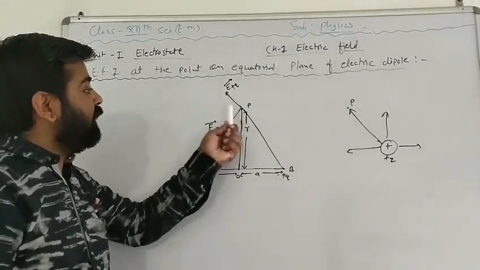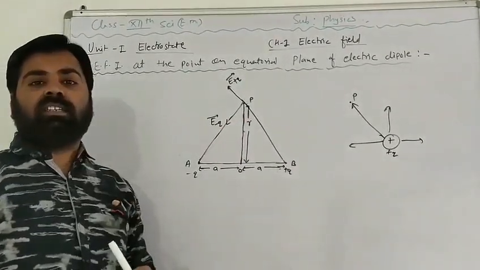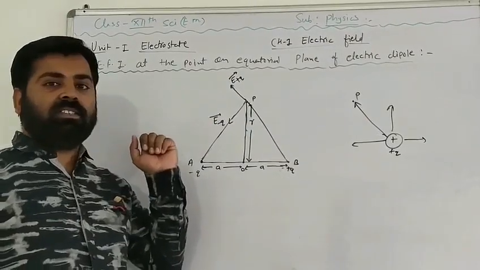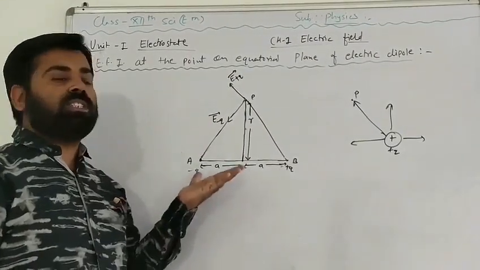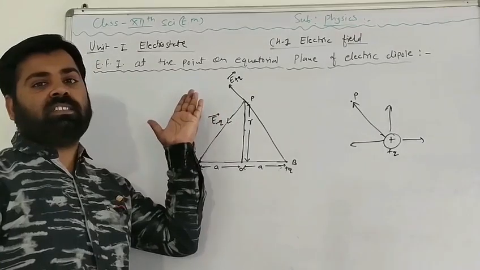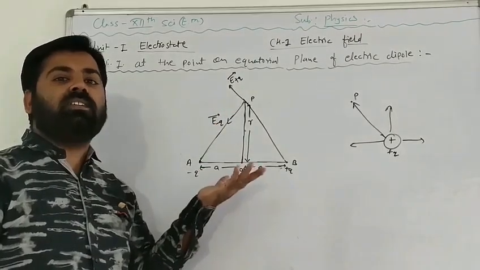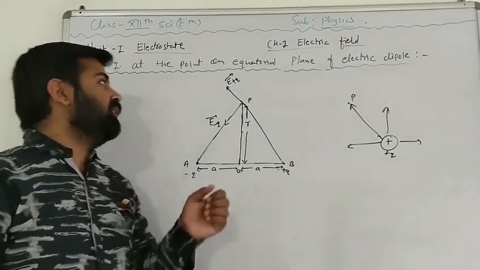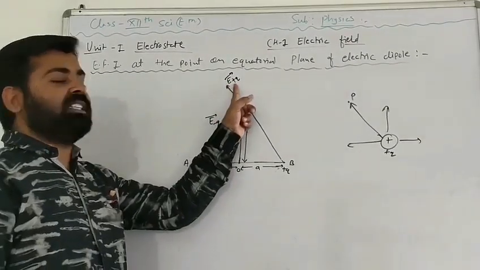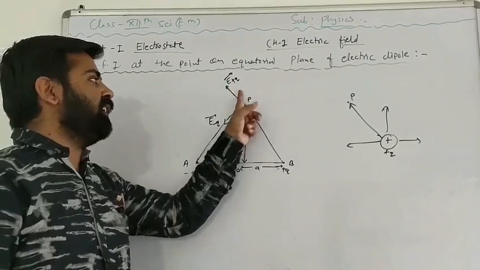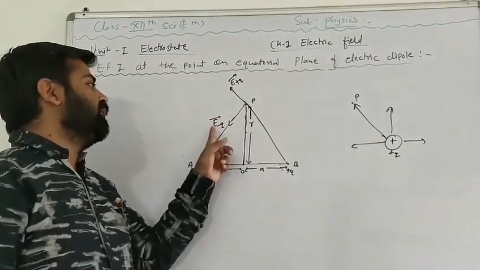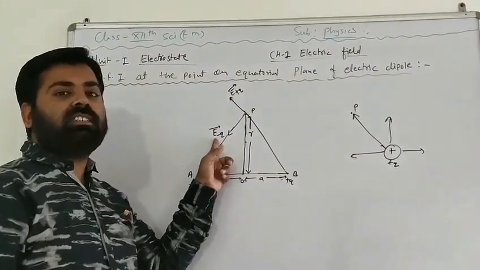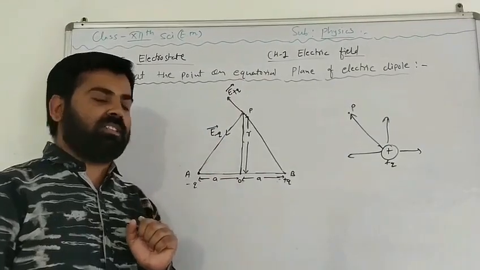As E plus Q vector and E minus Q vector are at theta angle, we have to resolve these vectors in their horizontal and vertical components. Now we resolve firstly E plus Q vector in their horizontal and vertical components and E minus Q vector in their horizontal and vertical components.